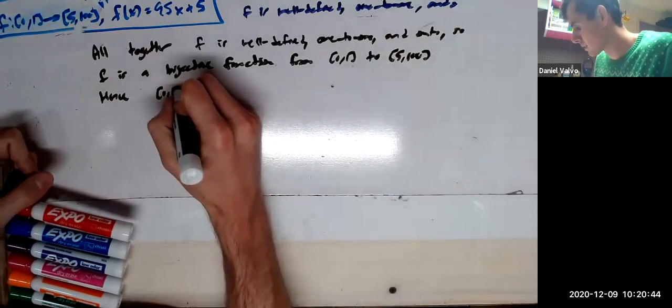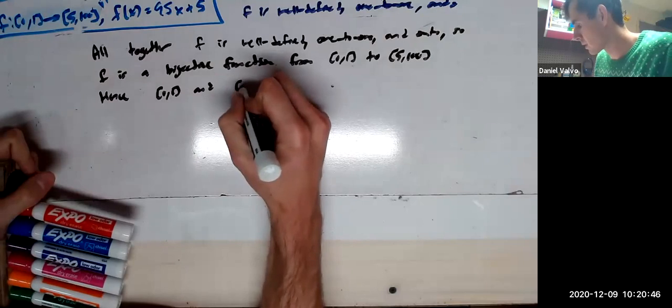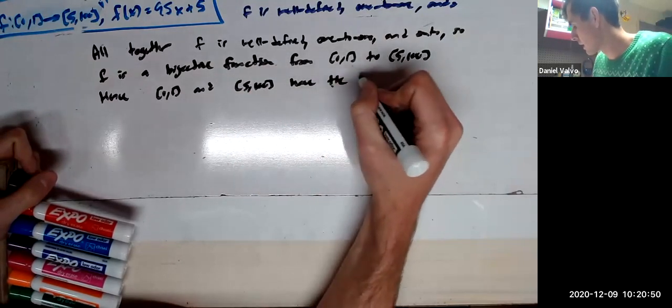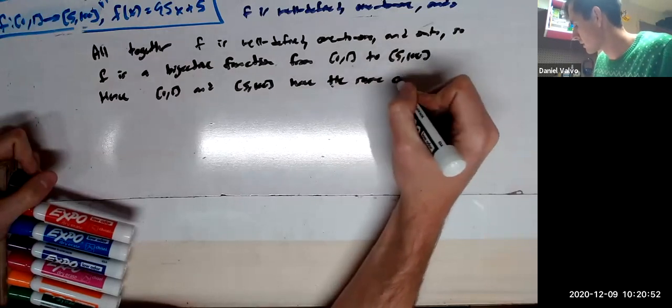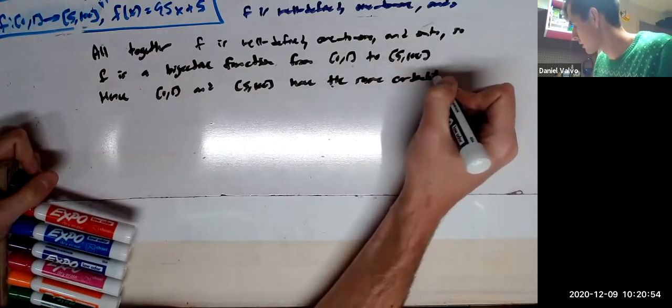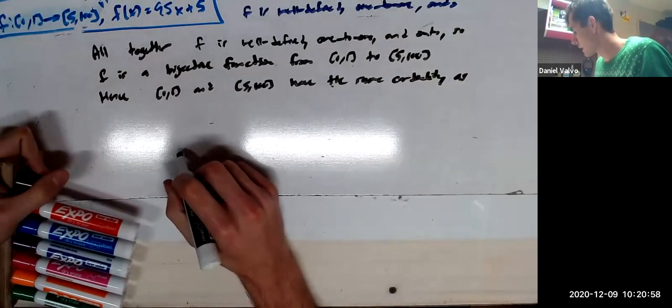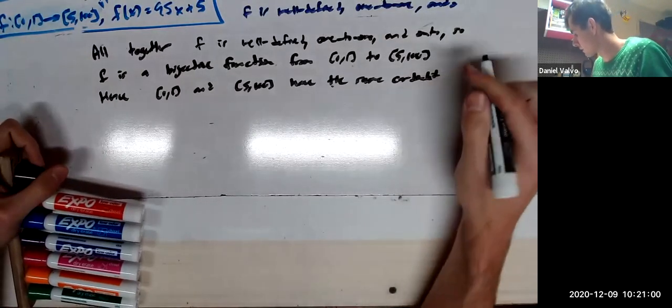Hence, [0, 1] and [5, 100] have the same cardinality, or are the same cardinality.